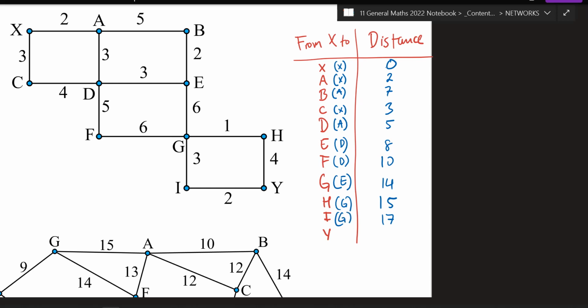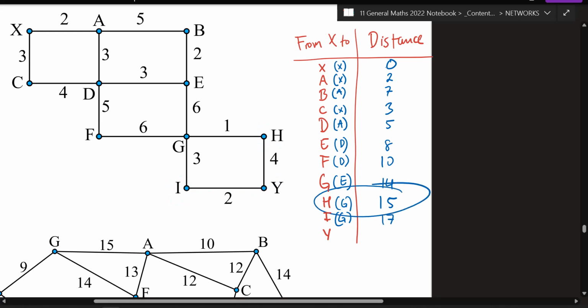Okay, last one. We now need to get to Y. Now I can see I can either come from H or I can come from I, because these two vertices connect to Y. So which one is better? Well, let's have a look. If I come from H, it's 15 already, plus the 4, so that'll give me 19.